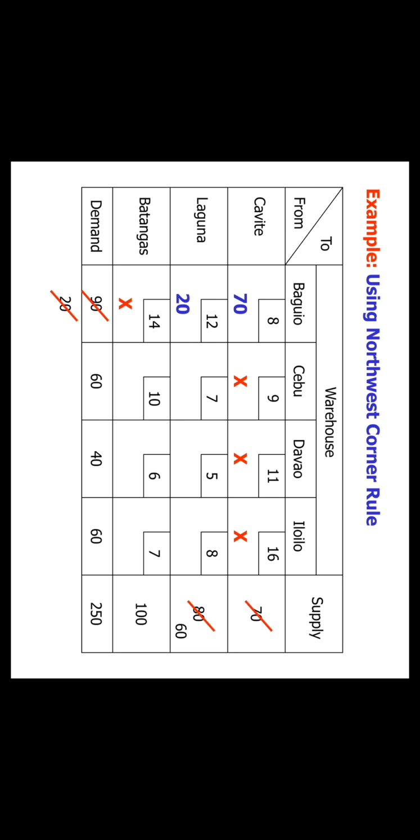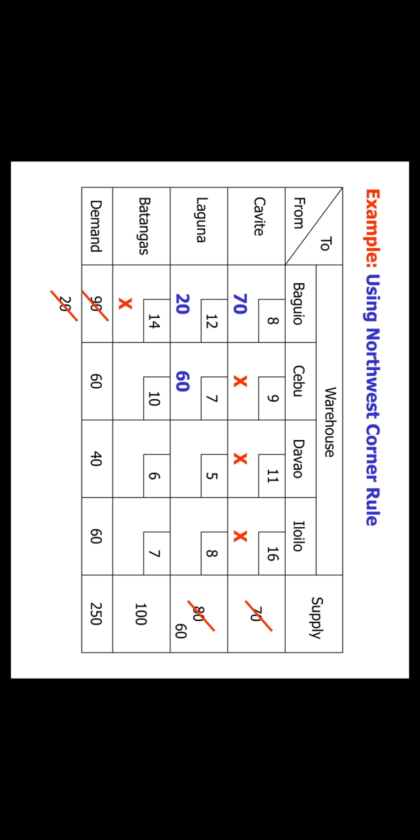From the remaining cells in the body of our tableau, our northwest corner is now the one with a cost of 7. How many units do we now allocate to that cell? It's a choice between the supply remaining of Laguna, which is 60, and the demand of Cebu, which is also 60. Therefore, we have no choice here but to assign a value of 60 to the new cell with a cost of 7.